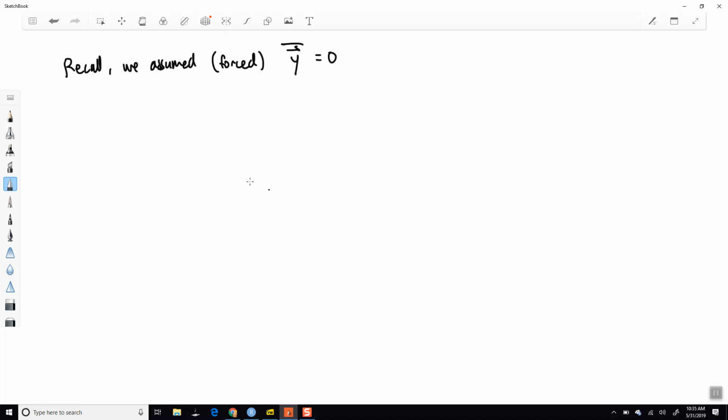So x bar is going to be equal to 1 over N times our w vector times y for all n, and we can pull the w out.